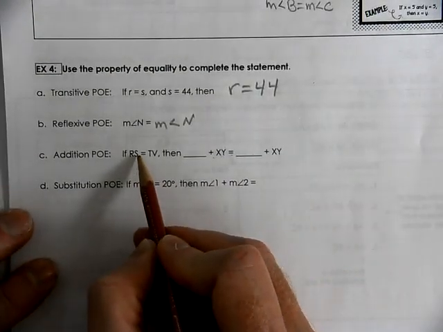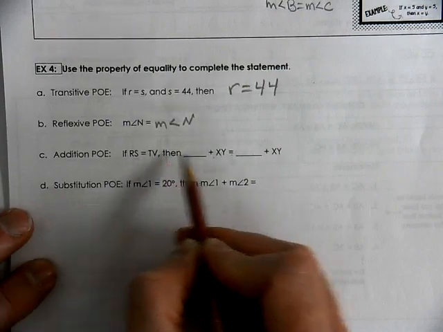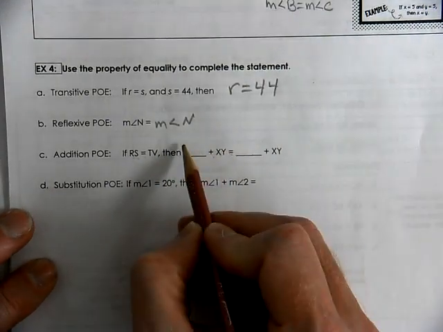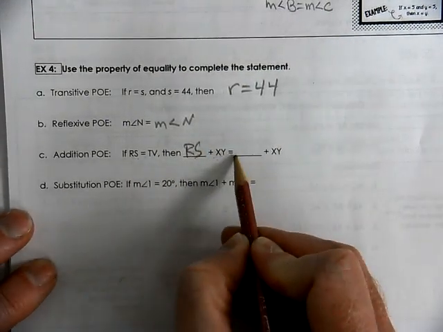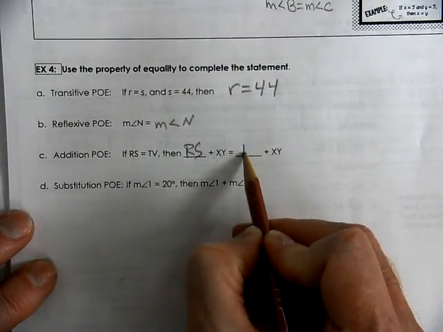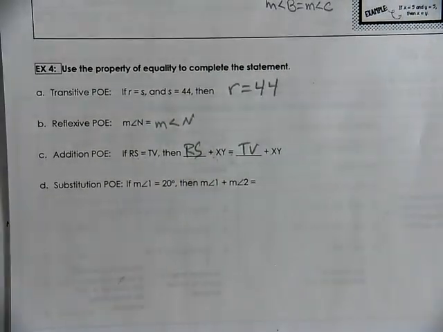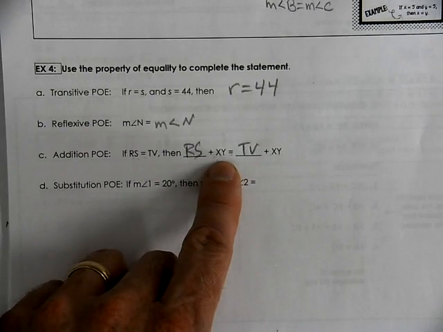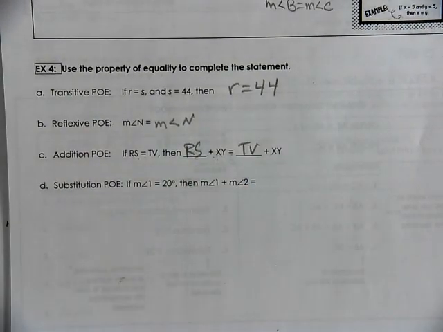Since we know that RS equals TV, then if you add XY to RS and you add XY to TV, then you're making an equivalence, something else that was equal, using the addition property of equality.